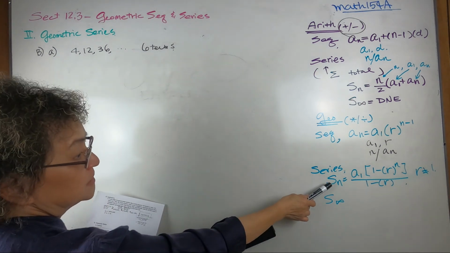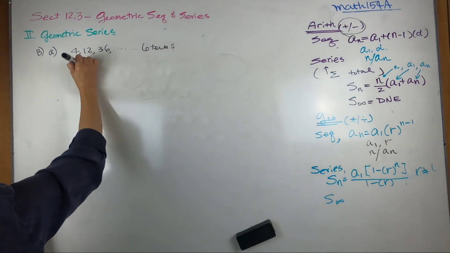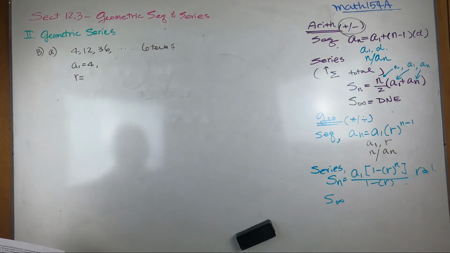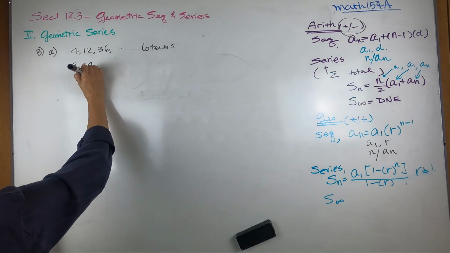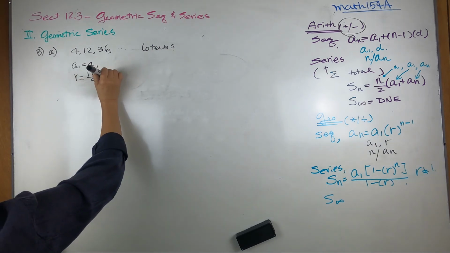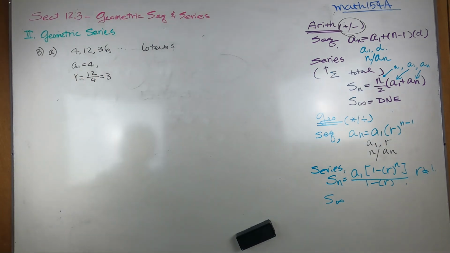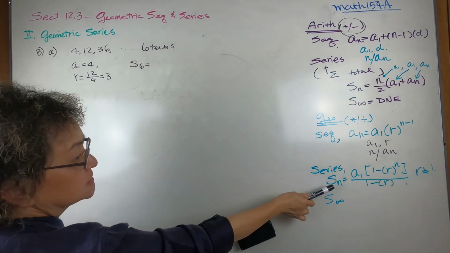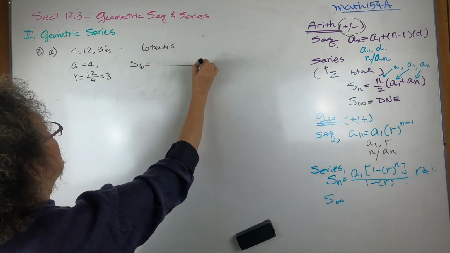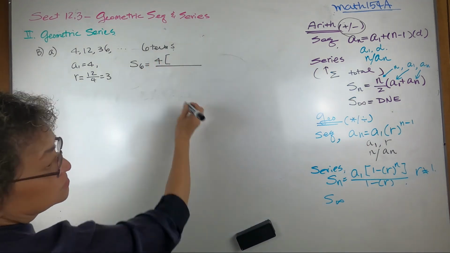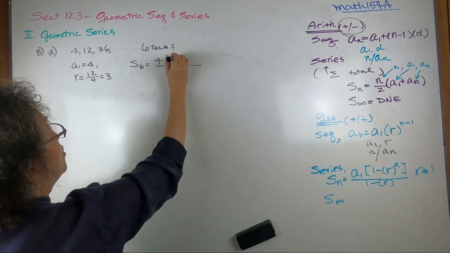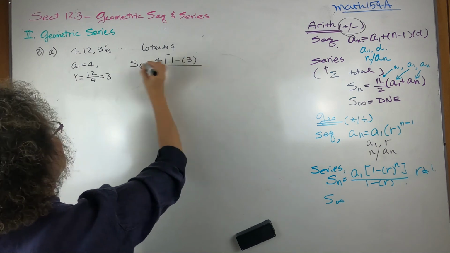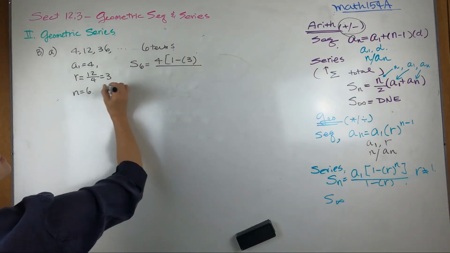We can use this formula, right? So our A1 is 4, our R is, because it's a geometric sequence, 12 divided by 4 is 3, right? Then 6 terms. That means S6, if we plug in this formula, is A1 times what? 1 minus R to the nth power, right? N is 6, right?